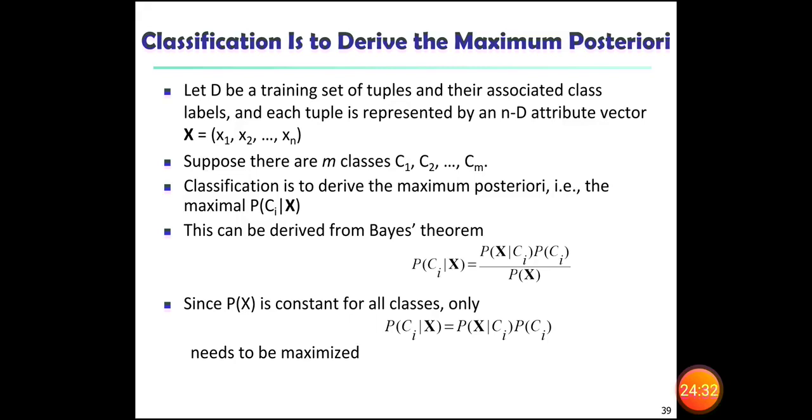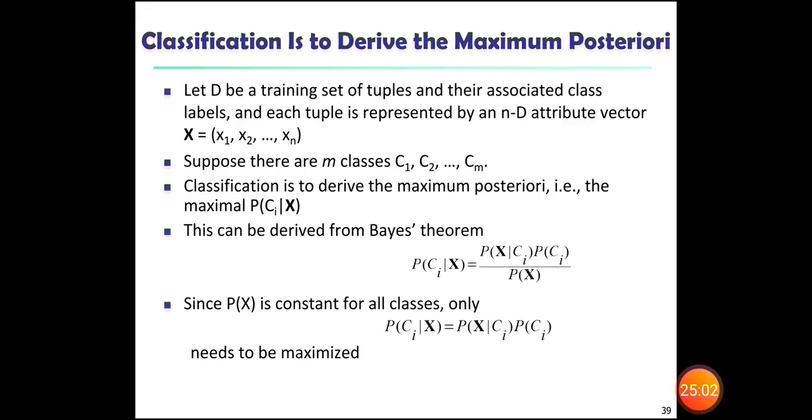The attribute vector will be defined like X equal to x1, x2, and so on up to xn. Suppose there are m classes, then the classes can be defined like C1, C2, and so on up to Cm. Now the classification is to derive the maximum posteriori, that is the maximal P of Ci by X.